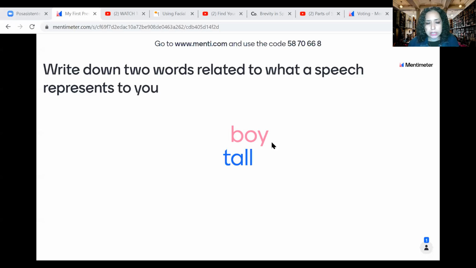Once you start going there, I can be able to, let me see, I'm going to present this. Boy, speech. What does a speech represent to you? That's what it's asking you. Whatever comes to your mind, 2 words please.